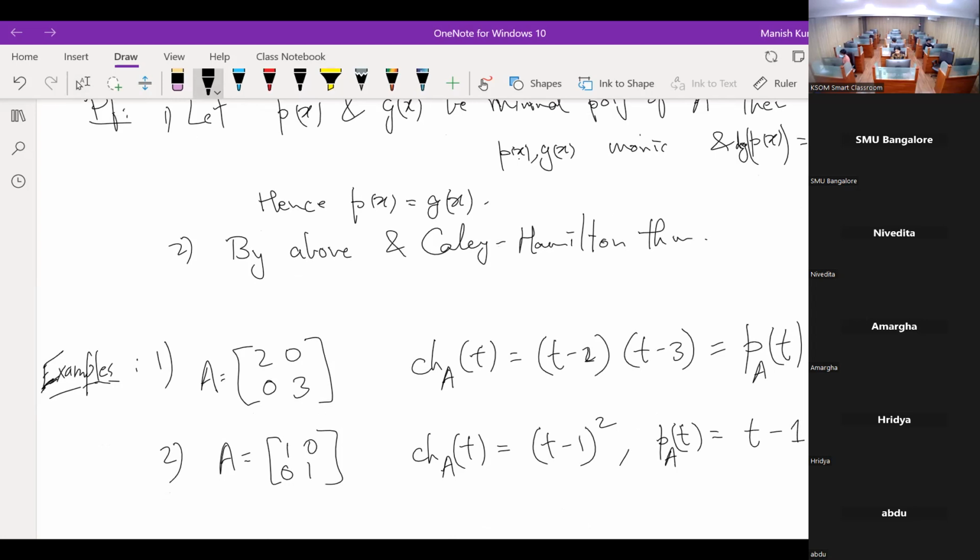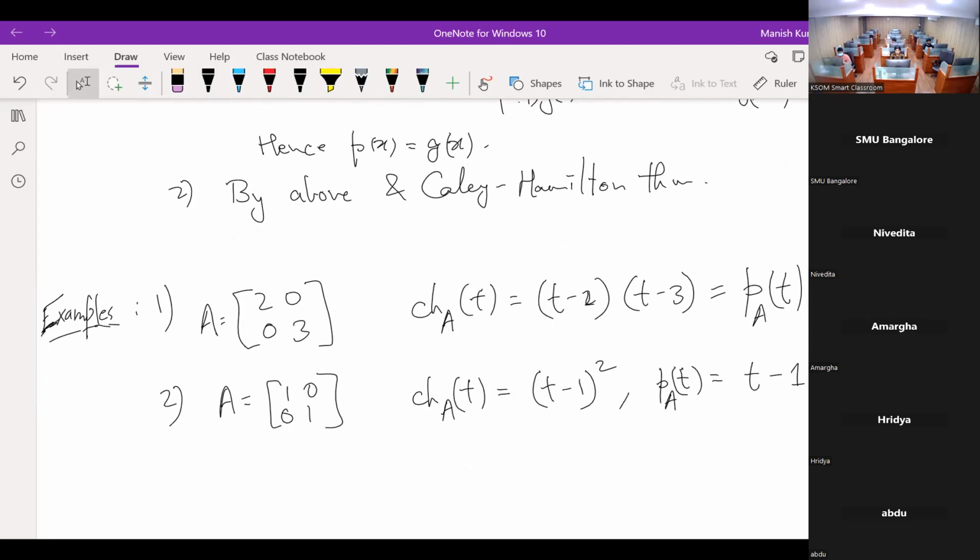Because the minimal polynomial has to have degree at least 1, and this A satisfies it. So that is the easiest way to see that it is the minimal polynomial. Okay. So we see that the roots are same, and we got a minimal polynomial different from the characteristic polynomial.